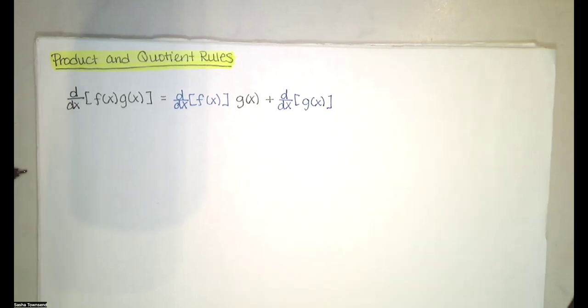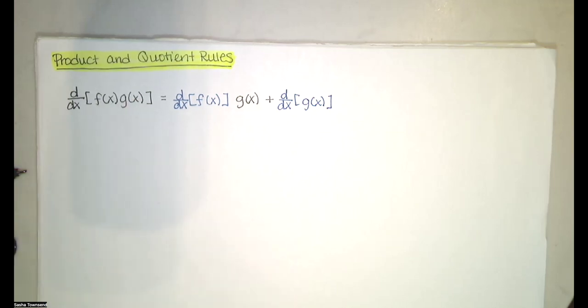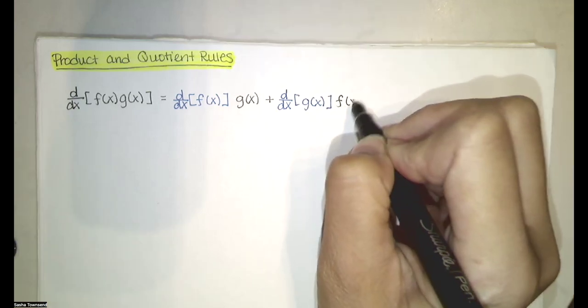And sometimes people list that in the opposite order. Rather than saying derivative of the first times the second, they might say first times derivative of the second. Either way, you're good to go.